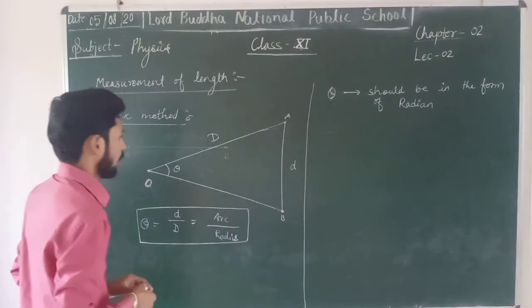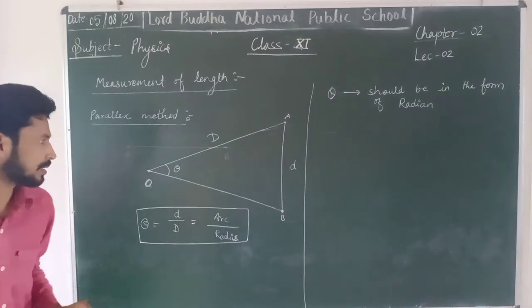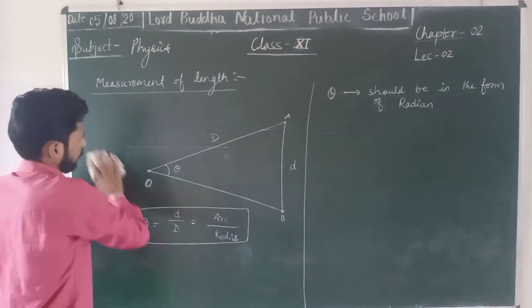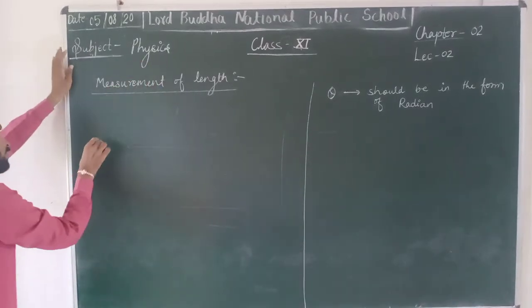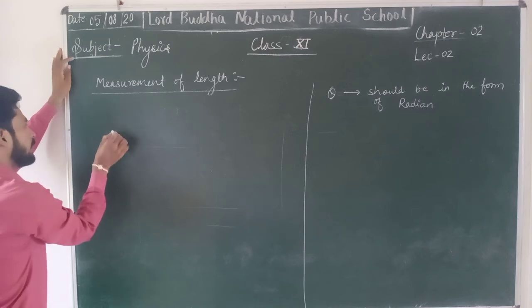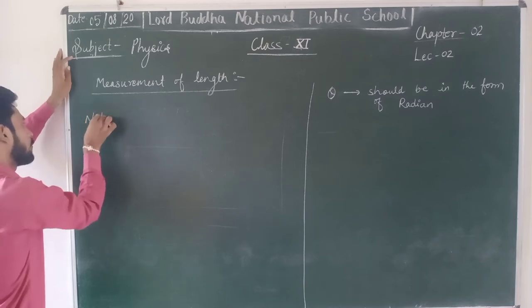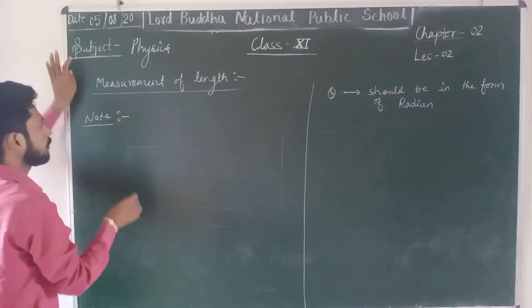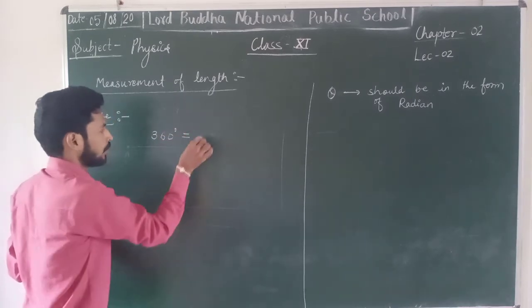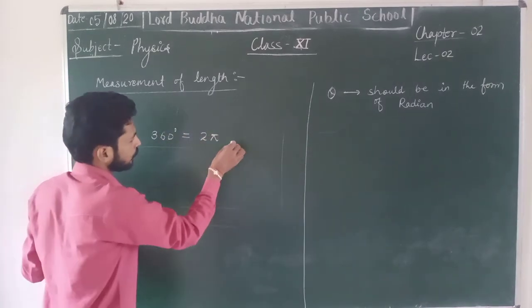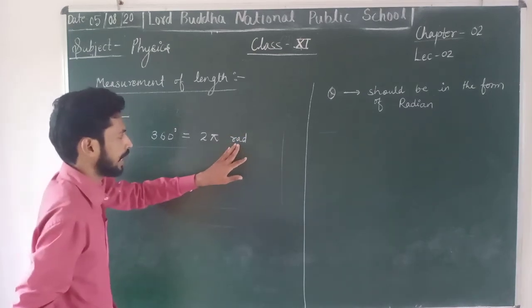So what do you mean by radian? I am going to discuss radian. Remember that 360 degree is equal to 2 pi radian, and radian is denoted by rad.